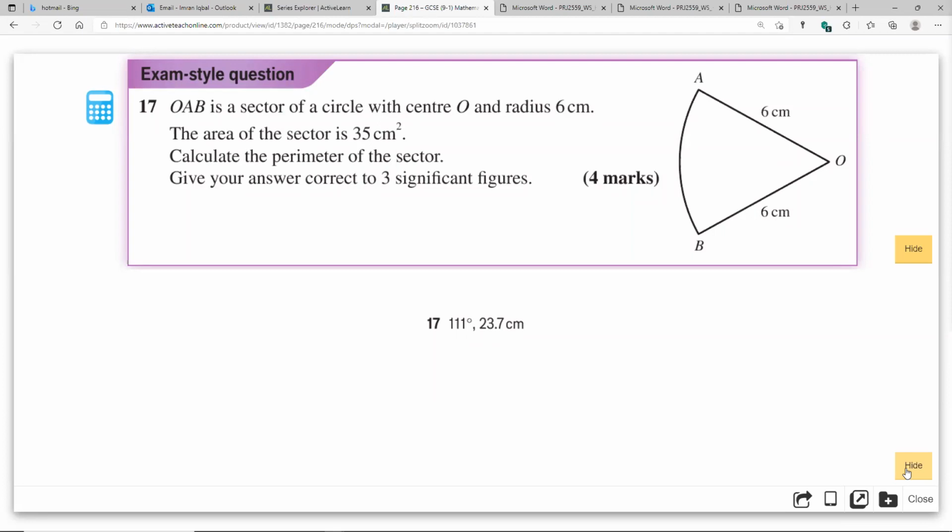Can you please indicate in the chat if you got that part of the question right? You got the angle, and then the perimeter was 23.7.